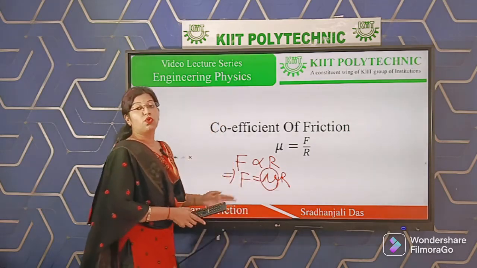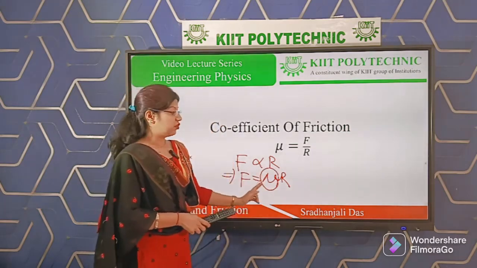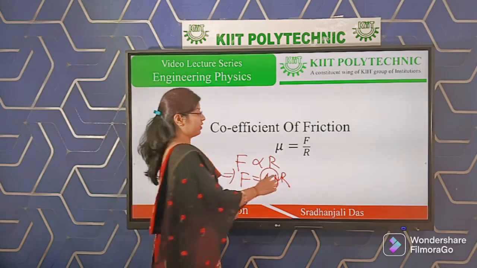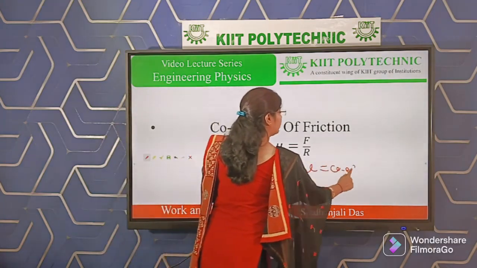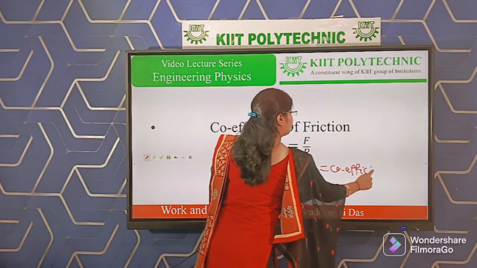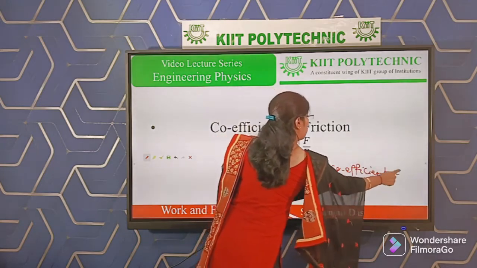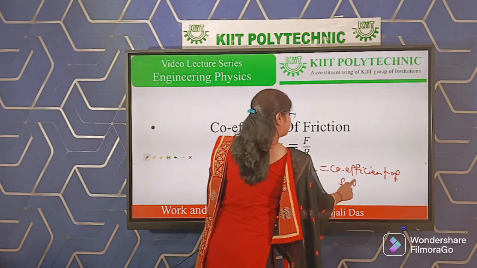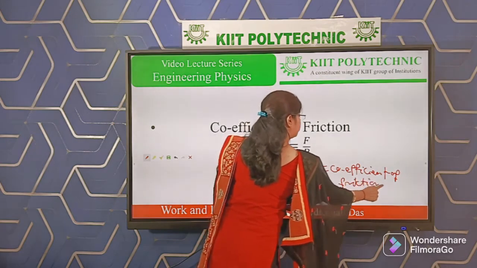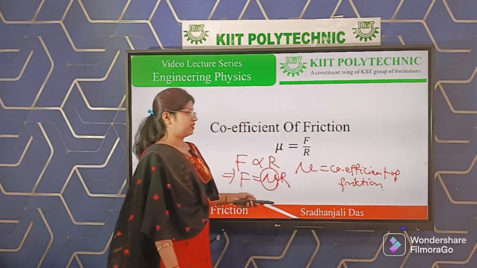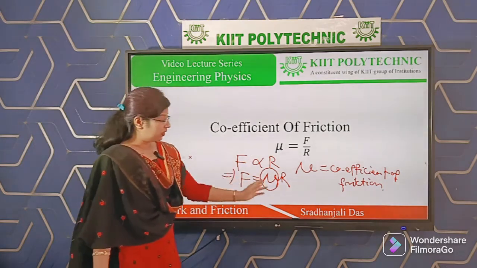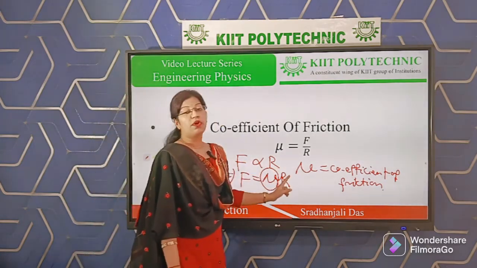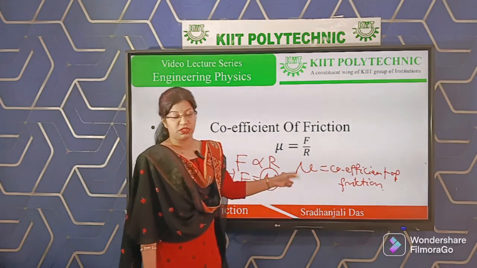This mu is known as the coefficient of friction between the two surfaces. So these are the laws of limiting friction, and while we are solving numericals, in case of R, we have to put R equals mg also.